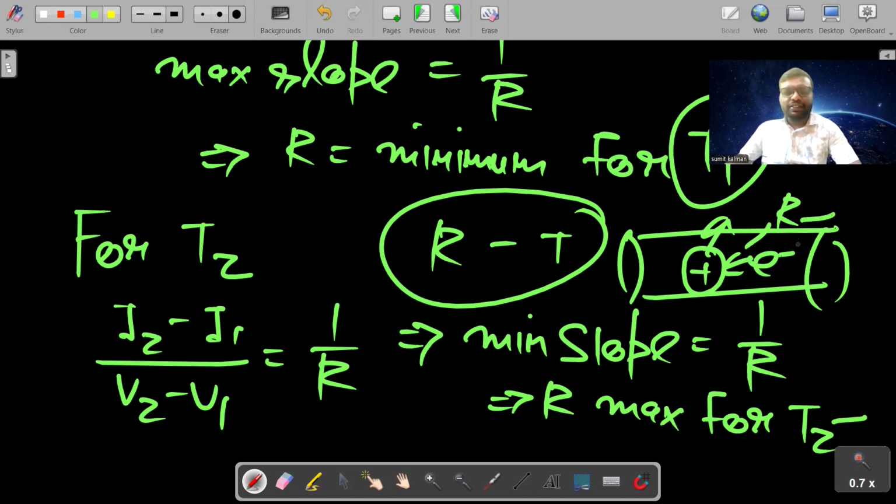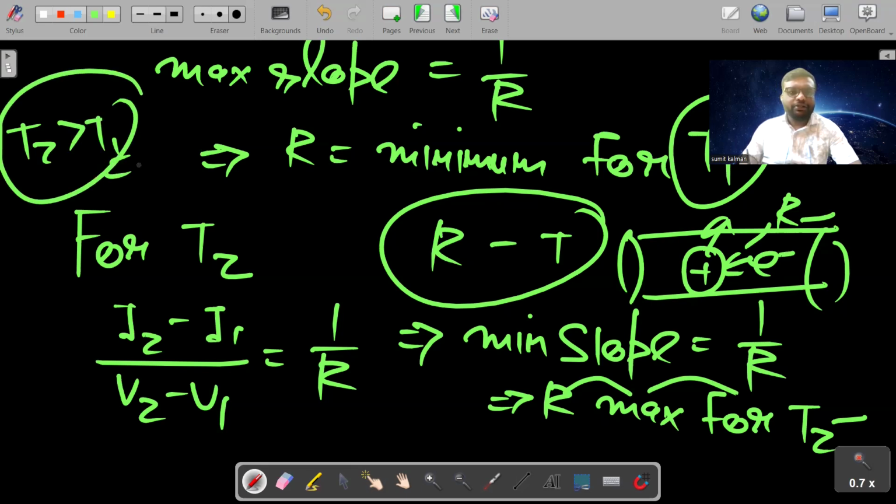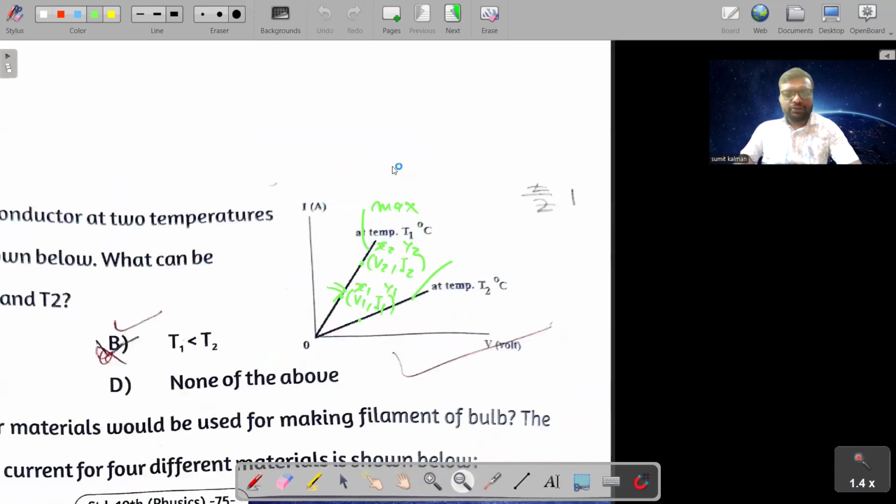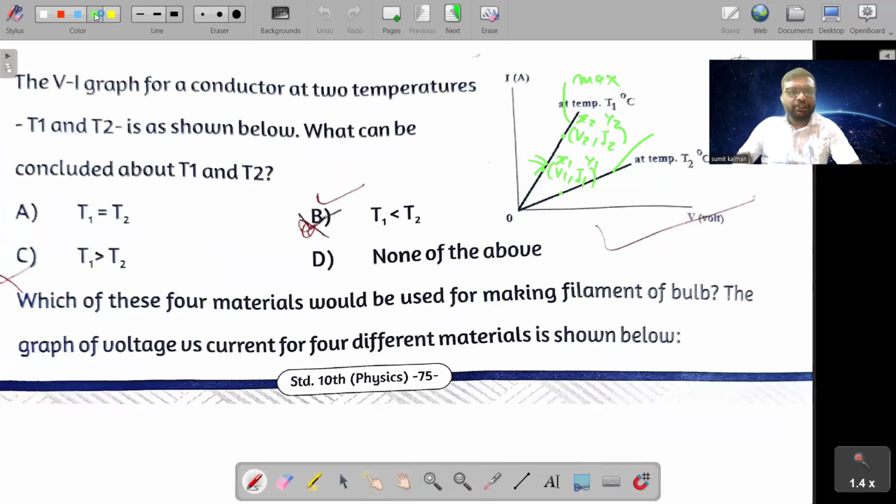So if you increase the temperature of a conductor, resistance will also increase. So here students, resistance is maximum for temperature T2. So temperature T2 is greater than temperature T1. This was the solution of this problem. So here T2 is greater than T1, and option B is the correct answer.